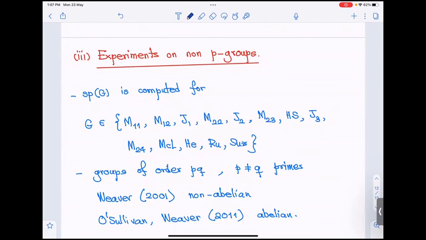This list is not available, but it's secretly available. No, it's actually classified, p^7, p^4, but it's not available in the literature.